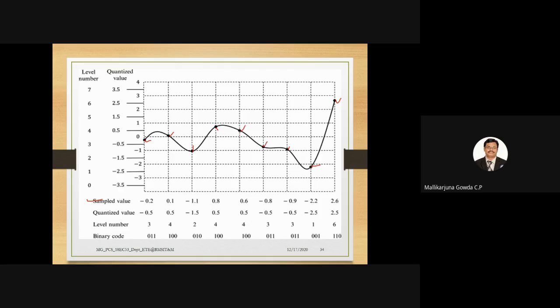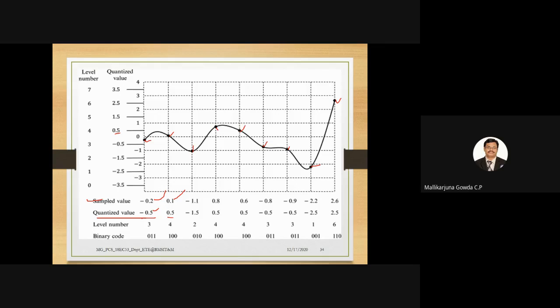Then the quantized value: the sampled value will be rounded off to the nearest quantized level. That is, minus 0.2 is rounded off to minus 0.5. Then the next, 0.1, will be rounded off to the quantized level 0.5.